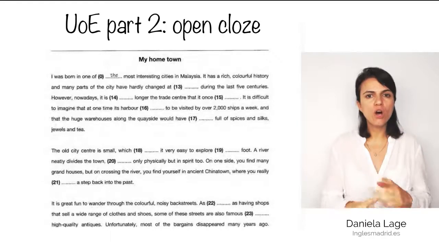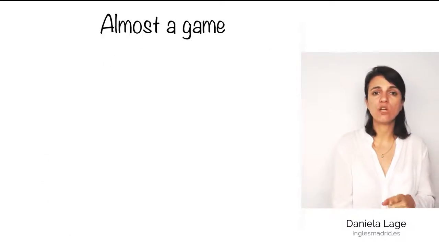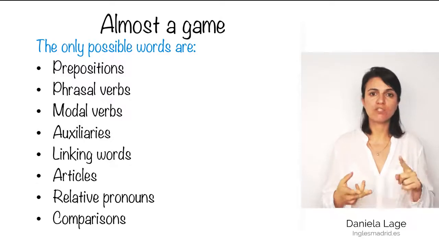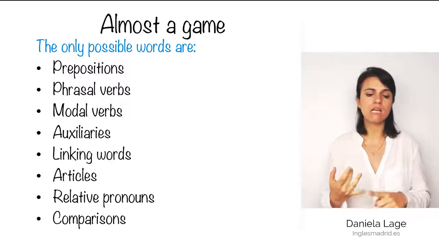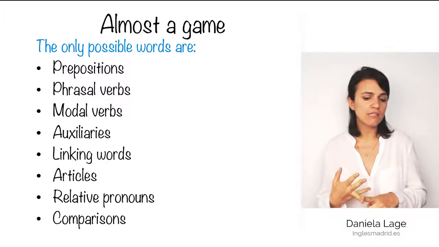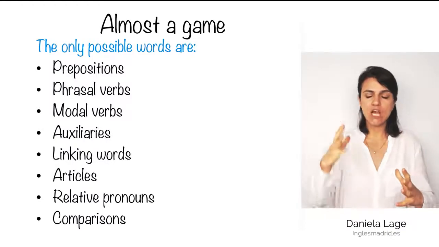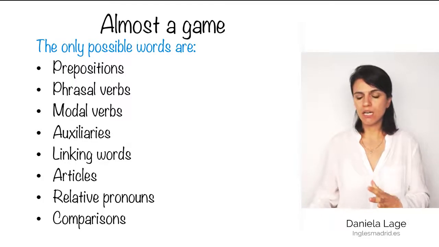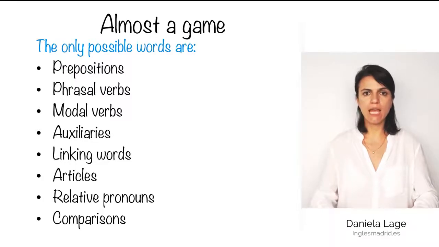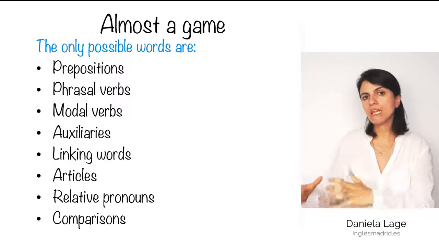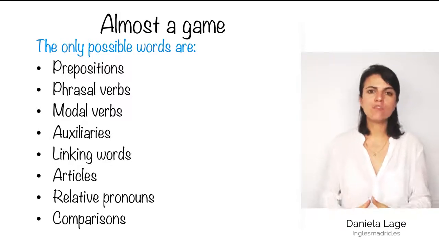No, not these kinds of words. The words that you are going to need are prepositions, phrasal verbs, modal verbs, auxiliaries, linking words, articles, relative pronouns, and comparisons. If you take this list, have it next to your notes and work with this list all the time, it's going to be easier.